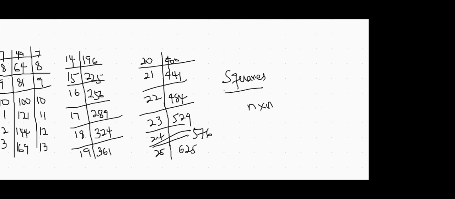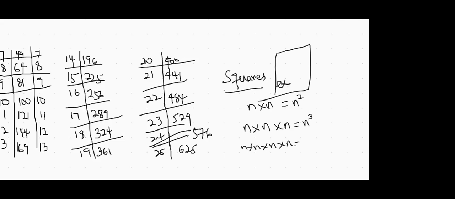It could also be given in the exam that say n times n times n. So n times n will give us n square. n times n times n will give us n cube. It could as well be n times n times n times n. Now all these are exponents.